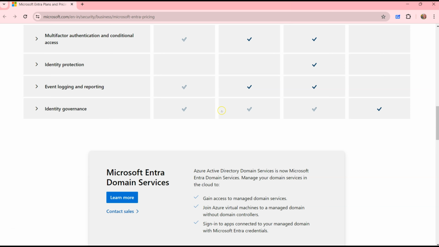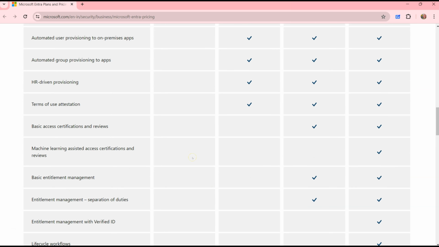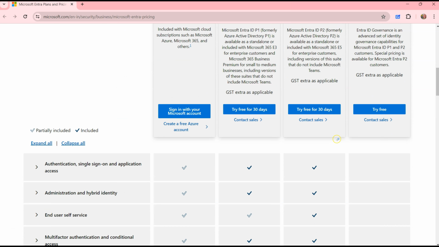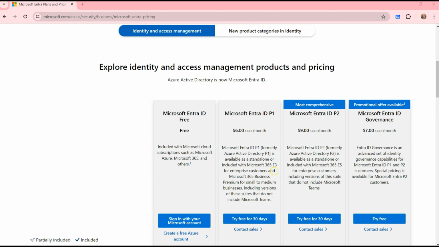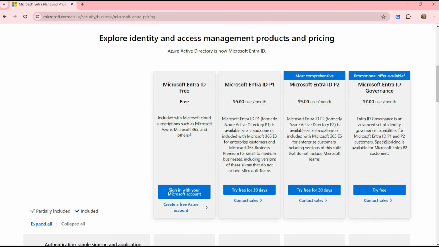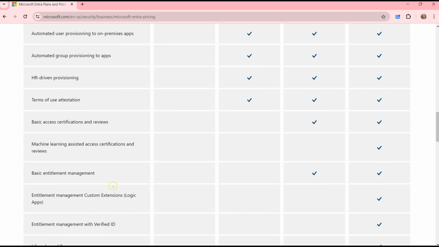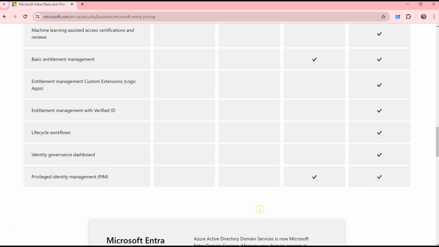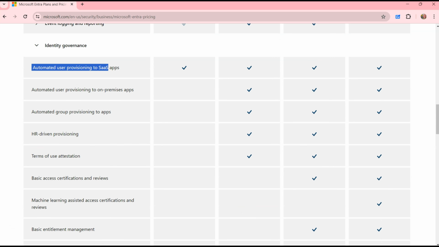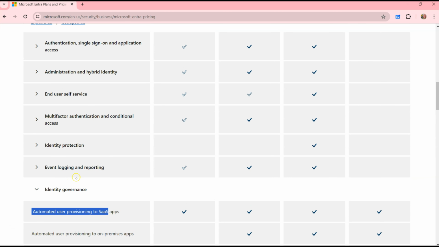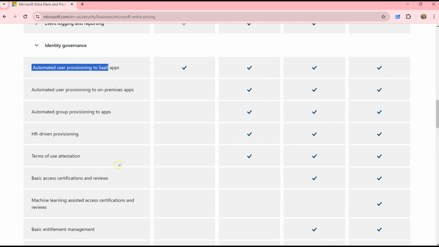For example, under identity protection or governance, what features are offered with the P1 and P2, and with the pricing. The pricing adds close to $3 extra, starting from $6 to $9, and $7 for governance specific. Governance ultimately talks about the best practices already given by Microsoft. It will already be part of identity governance. So you could look into each specific feature's lectures already available within this course content.